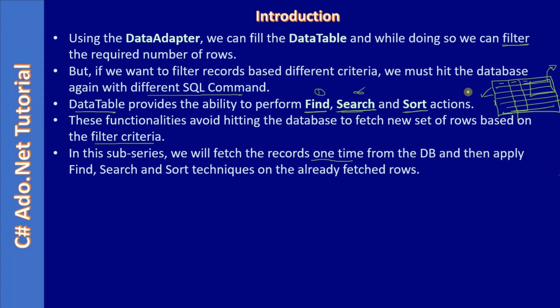So this avoids database hits, and you can see some performance benefits by using the methods exposed by the data table. The methods are find, search as well as sort.